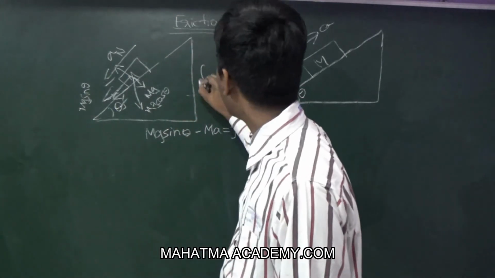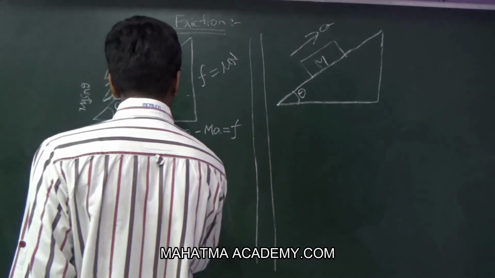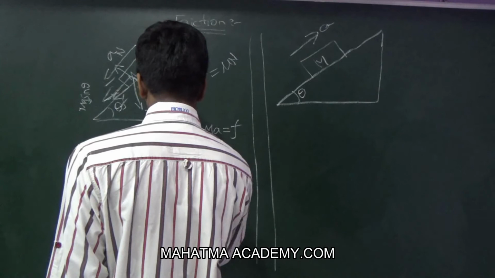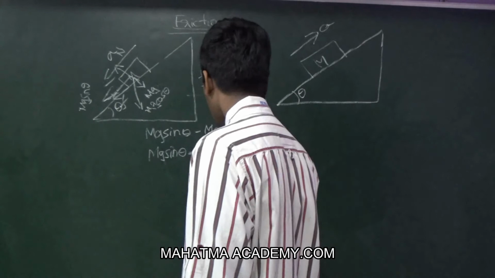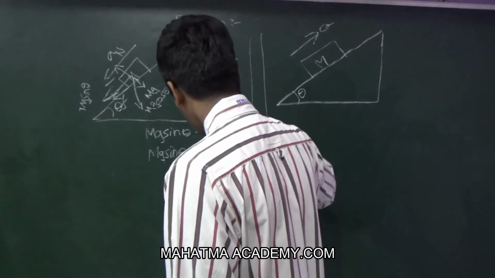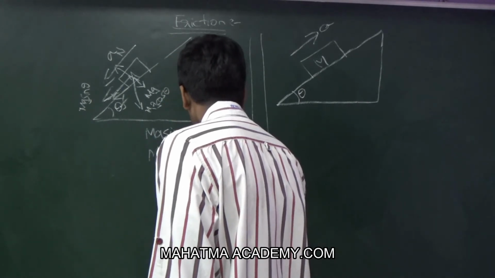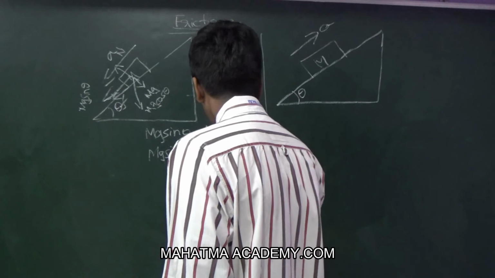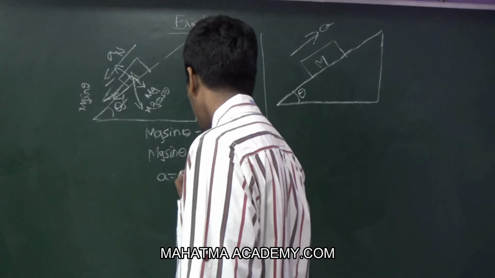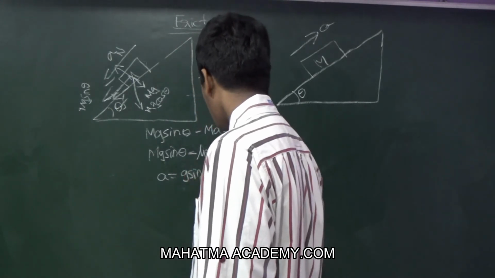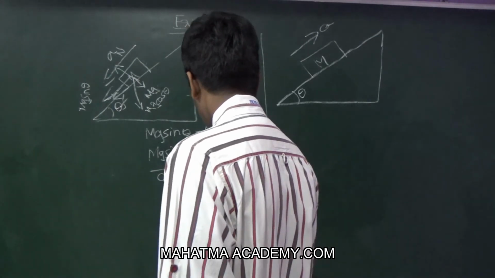Now we know F is equal to mu into N. So mg sin theta minus mu mg cos theta is equal to m into a. If we cancel the masses, the acceleration is g sin theta minus mu g cos theta. This is the acceleration.